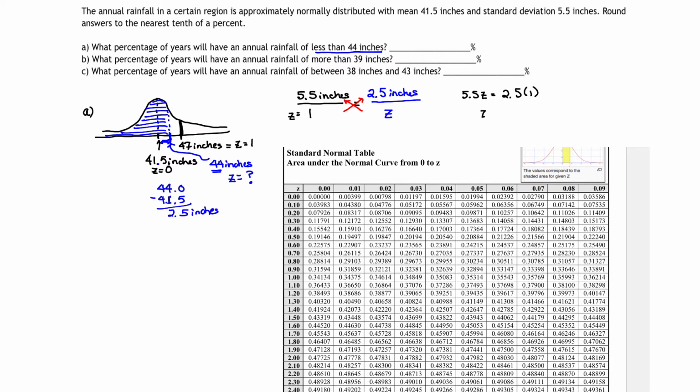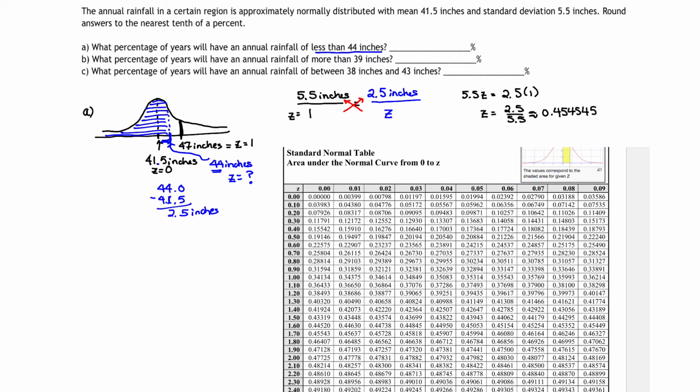In other words, z, that corresponds to 2.5 inches, is equivalent to 2.5 divided by 5.5. And if we pull out our calculators and take 2.5 divided by 5.5, what do we get? We get approximately 0.454545, etc. Okay, it's a repeating decimal.